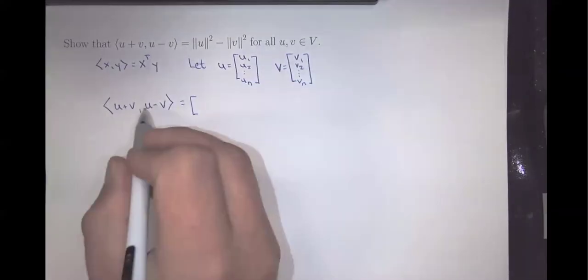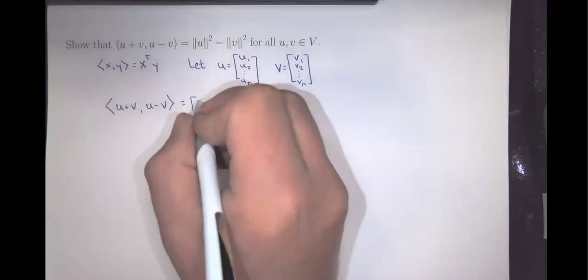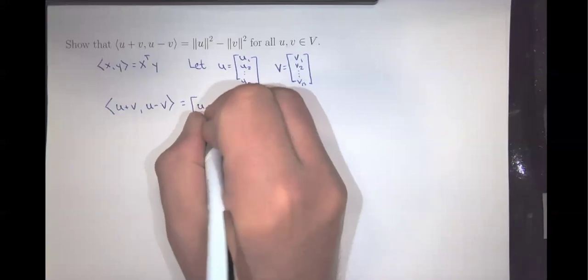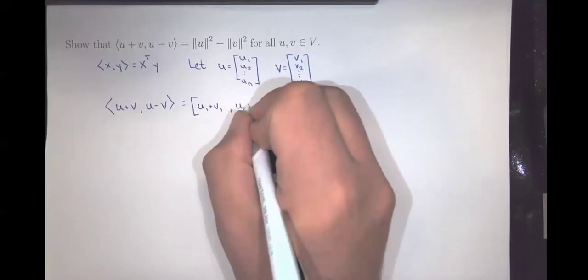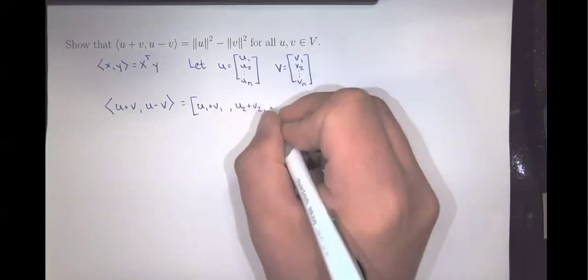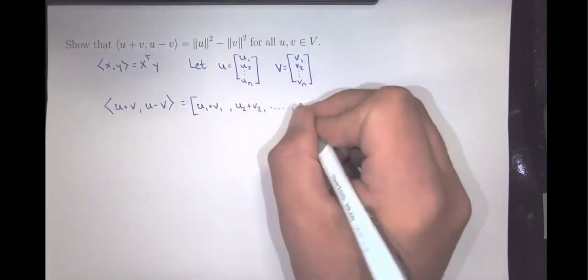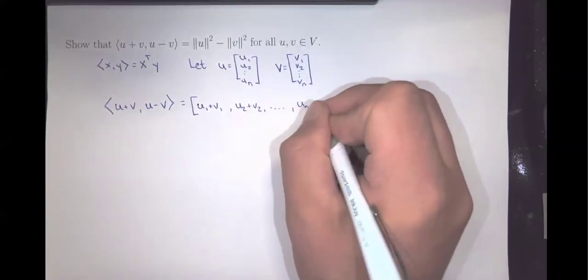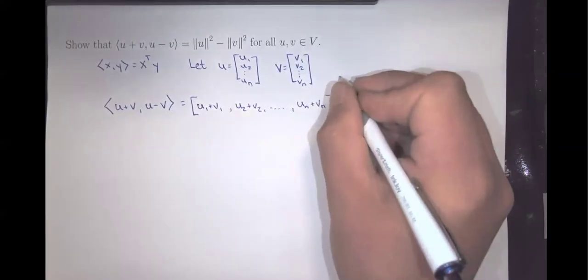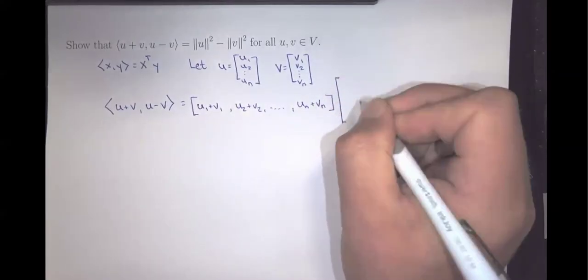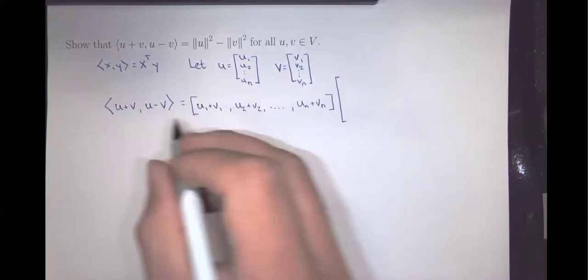So the first one, u plus v, the sideways vector, is going to be u1 plus v1, then u2 plus v2, all the way to un plus vn. And we're going to multiply that by our column vector, u minus v.